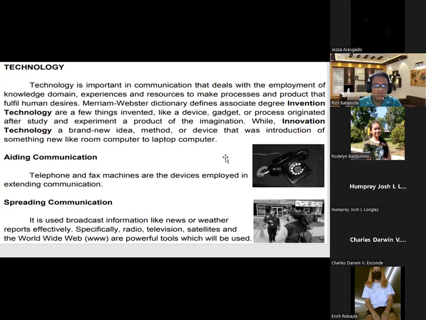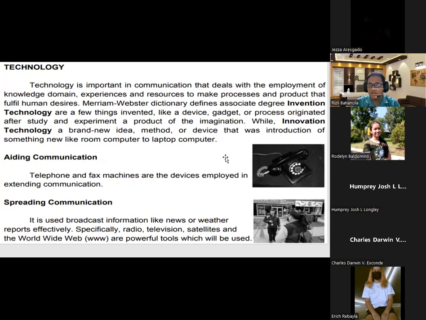Para rin siyang telepono. Then spreading communication, it is used to broadcast information like news or weather reports effectively, specifically radio, television, satellites, and the triple W, the World Wide Web. Those are powerful tools. Now, of course, when we say spreading communication, we are going to disseminate the information all throughout, okay, sa wider audience.